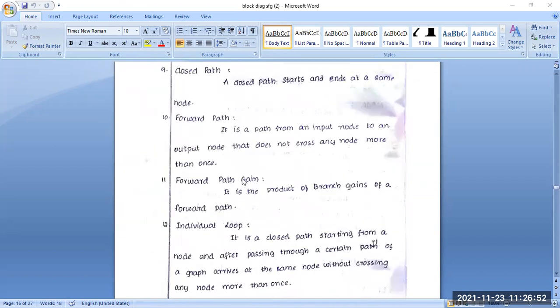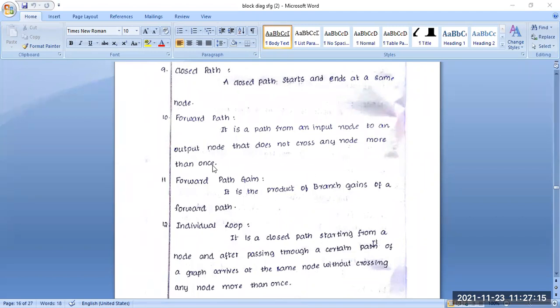Next, forward path. What is forward path? It is a path from an input node to an output node that does not cross any node more than once. This is simple. That means one starting node is the starting point, and another node is the ending point in the output terminal.